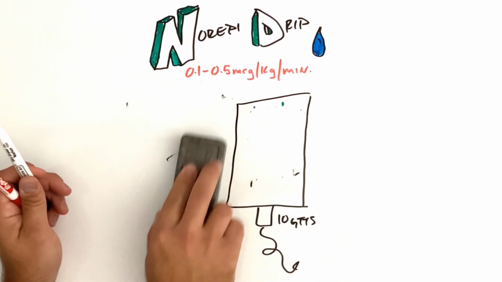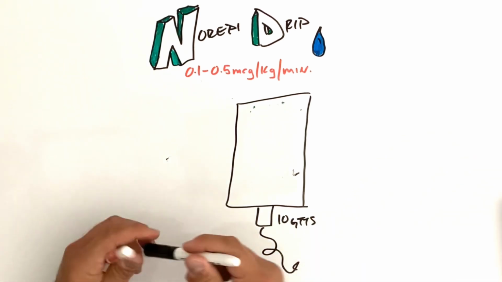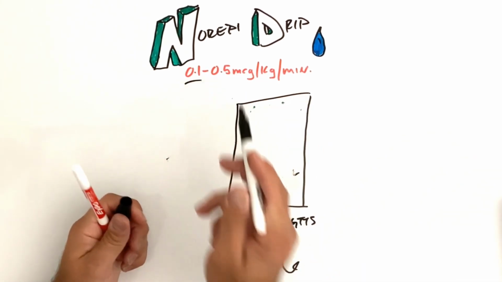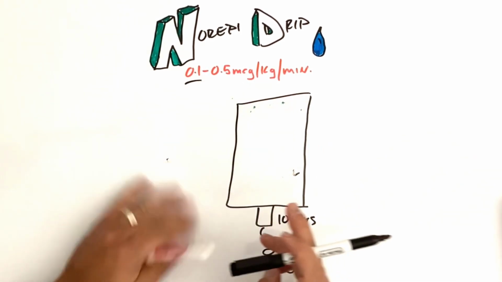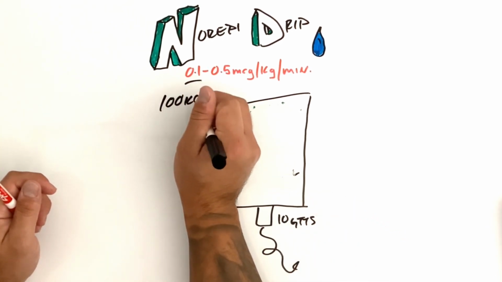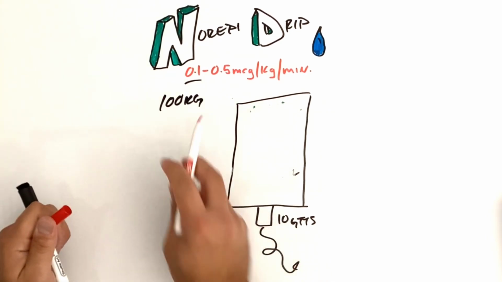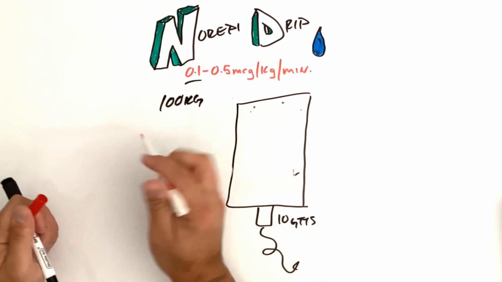So starting off, we're going to start off with the lowest dose, which is going to be 0.1 mics per kilogram per minute. Let's use our patient as, let's say, 100 kilograms. Make it easy to start. So when we have our 100 kilogram patient, the first thing we're going to do is plug our kilograms into our equation.